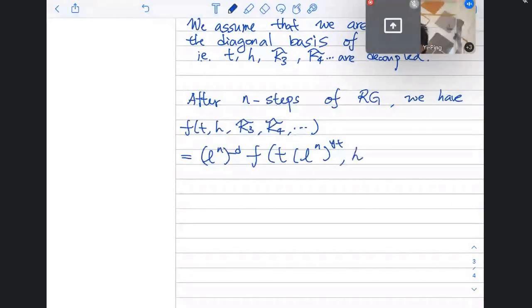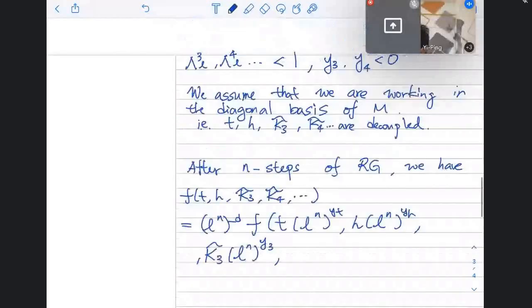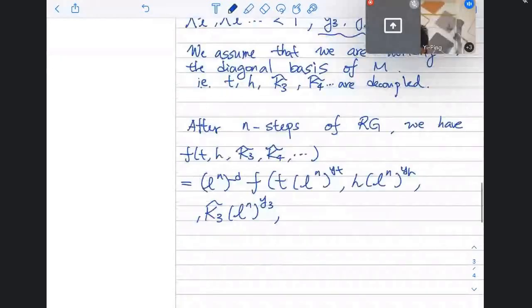Similarly for h. Also for the irrelevant couplings, I'll just write it down: we use y3 to represent the scaling factor, but remember they are irrelevant, so y3 is smaller than 0.